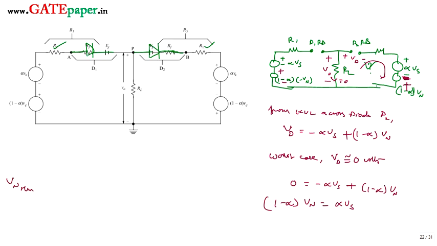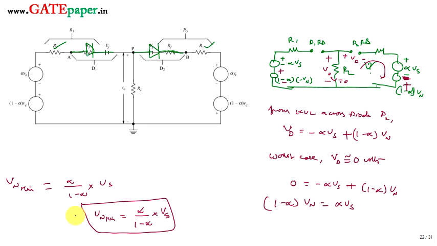Now Vn minimum is equal to alpha divided by 1 minus alpha times Vs. So these are the limiting voltages, the minimum voltage to be applied when the diodes are reverse bias.